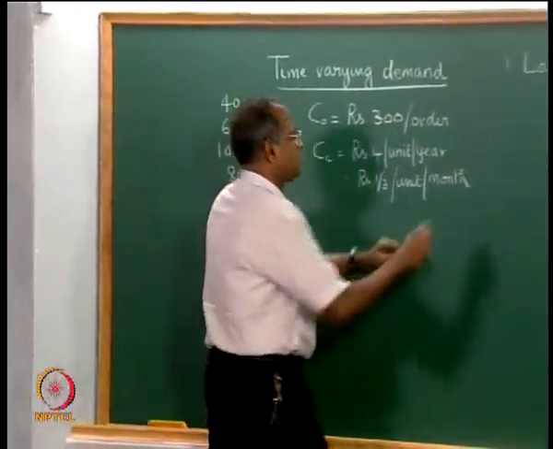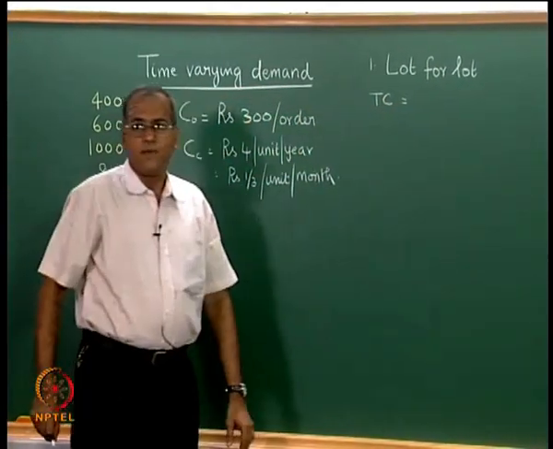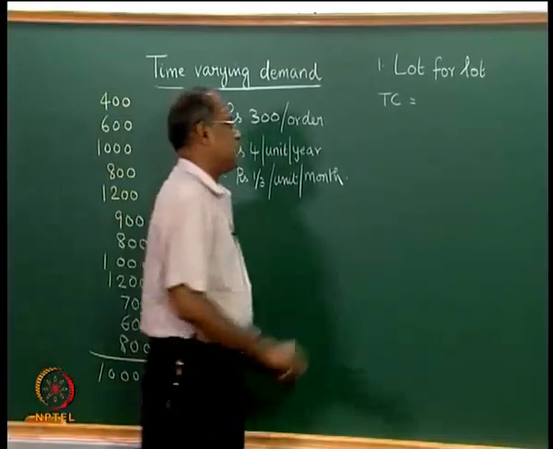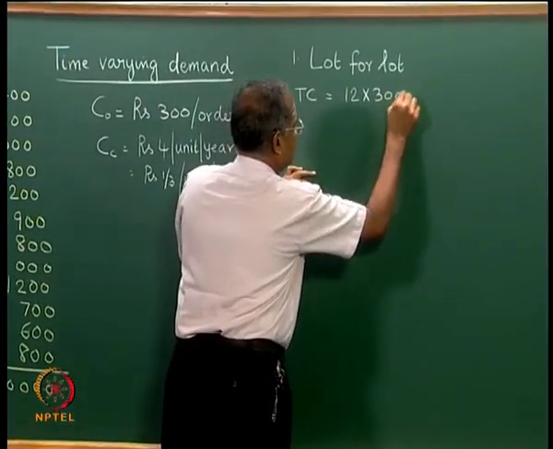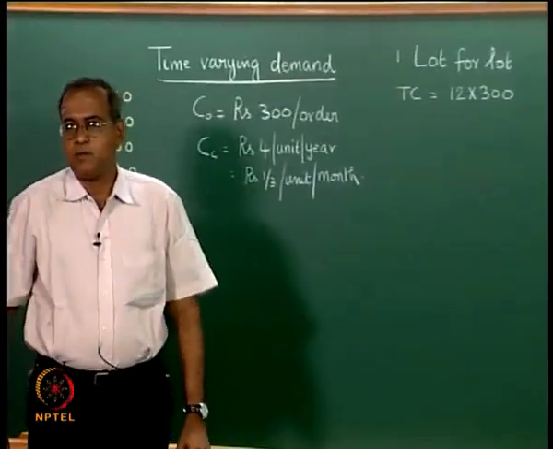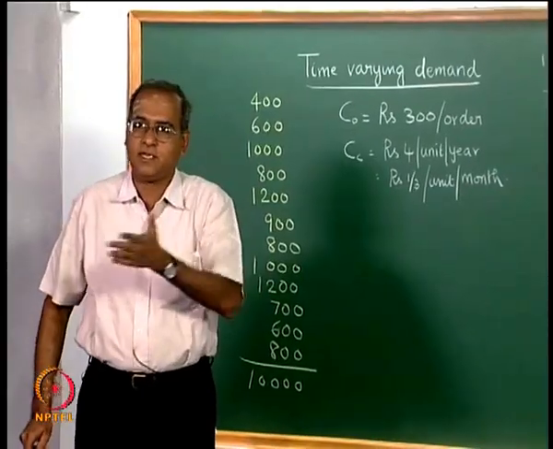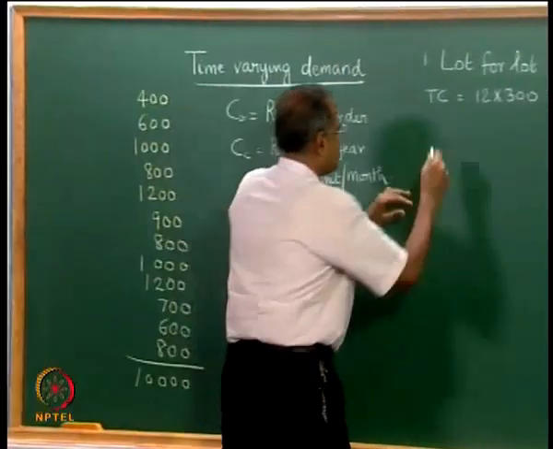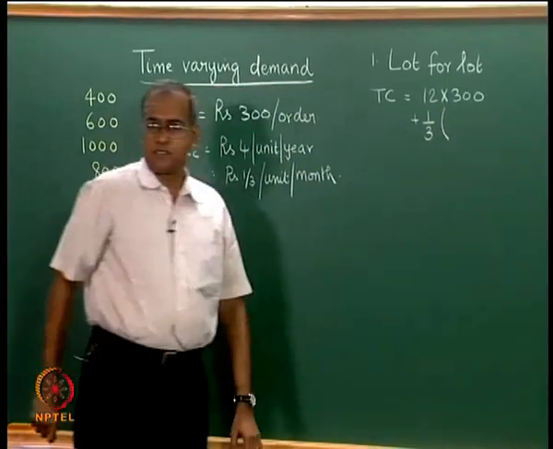So, total cost will be 12 times order cost, because there is an order every month, 12 into 300, plus we are also computing the average inventory that we have in each month. So, plus 1 by 3, which is the inventory holding cost.